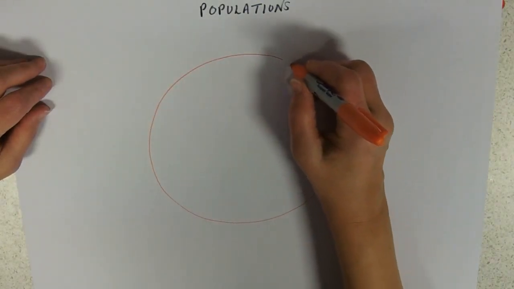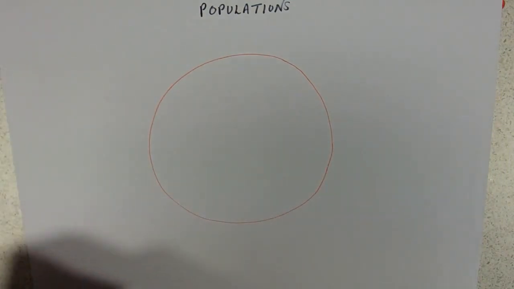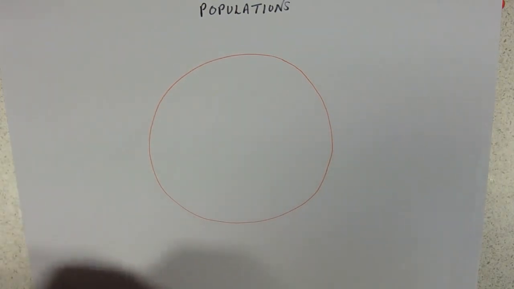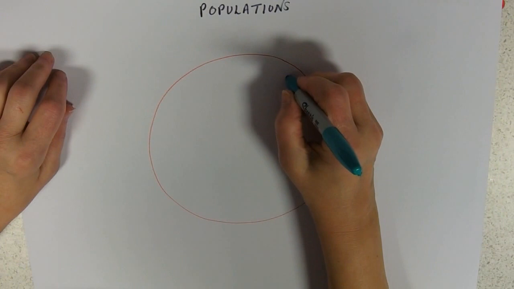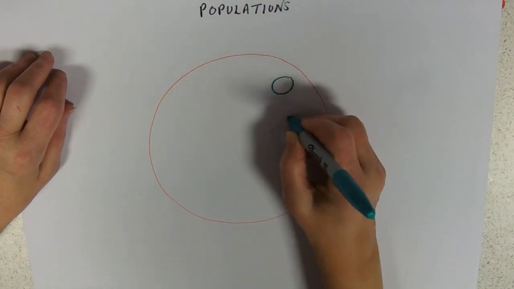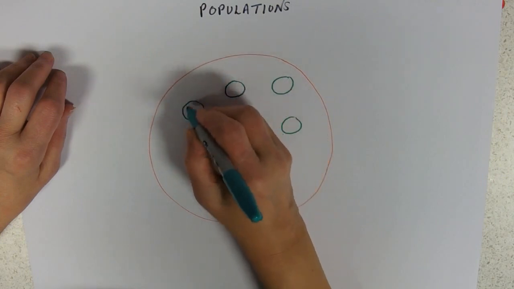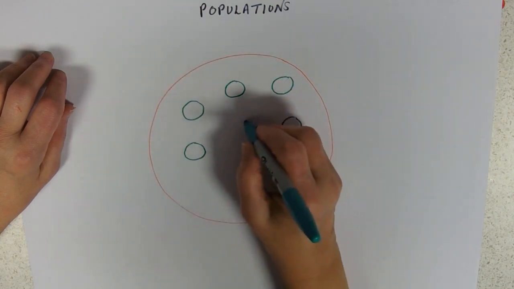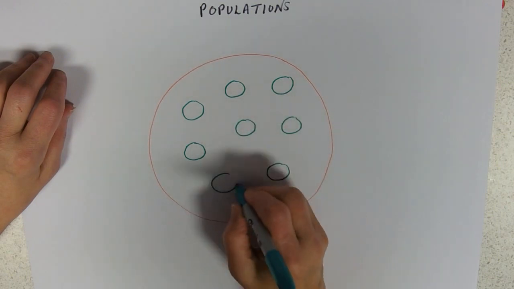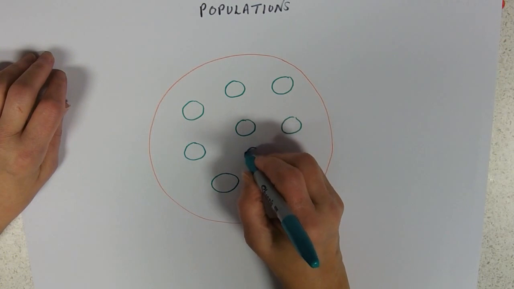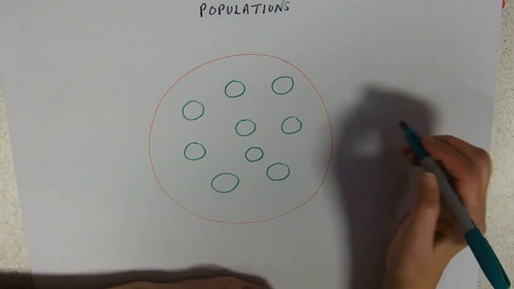So this is my area. And I'm going to make my organisms little circles, just because they're easy to draw. So, drawing not my thing. So if we think about these little organisms living in this area, there are various things that can affect their population size.